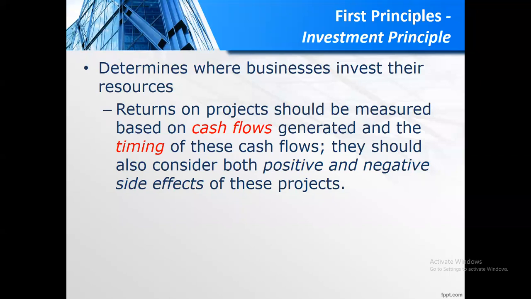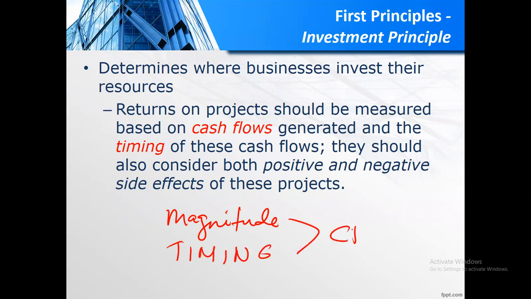We don't use the profit to determine whether a project is feasible or not. We use cash flows. And not only do we look at the magnitude, the amount of the cash flows, we also look at the timing of the cash flows. We'll discuss this in greater detail later. So this is very important. When we determine whether the project is feasible or not, we base it on the cash flows that will be generated by the project.